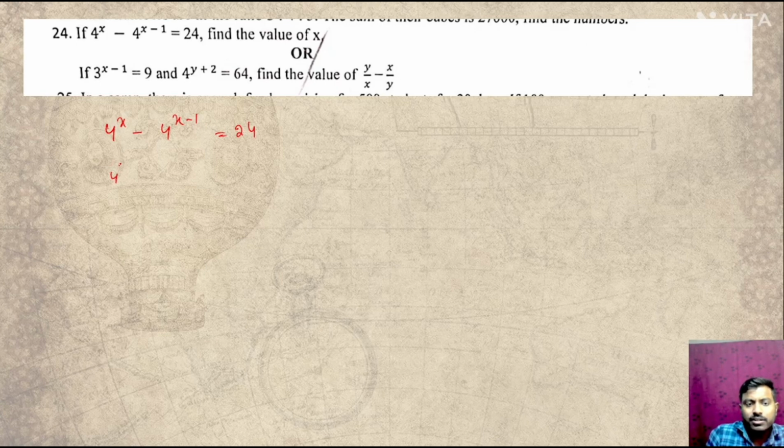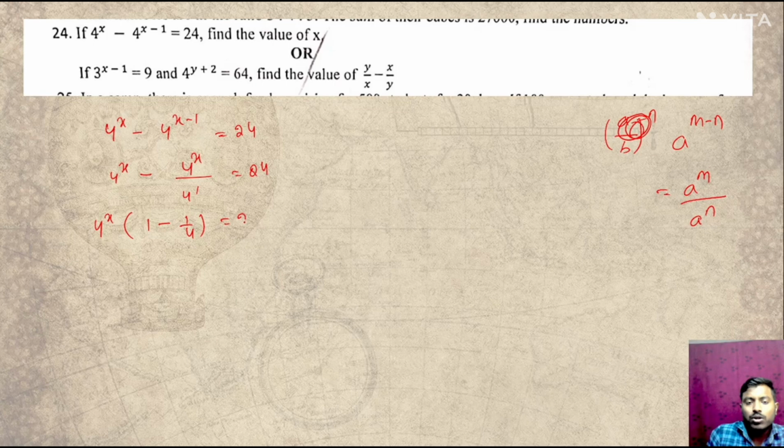Then we can say that 4 to the power x divided by 4 to the power 1, because we know that a to the power m minus n is a to the power m divided by a to the power n. Now take common 4 to the power x, then 1 minus 1 by 4 equal to 24. 4 to the power x, then LCM 4, 4 minus 1 equal to 24.